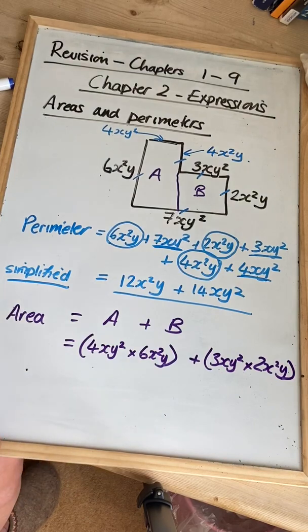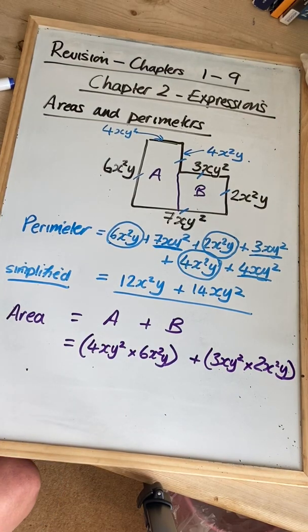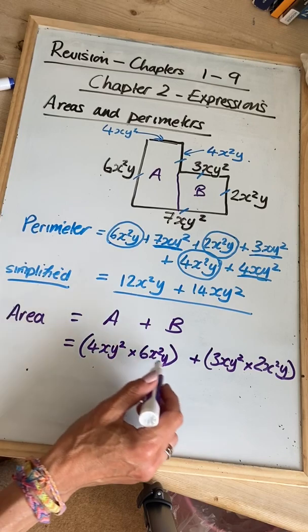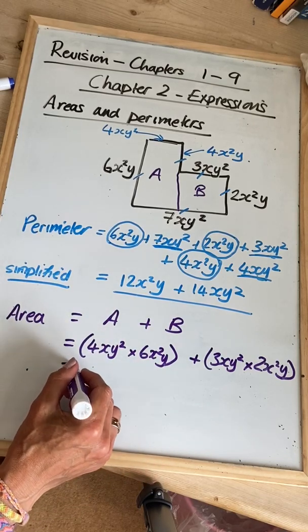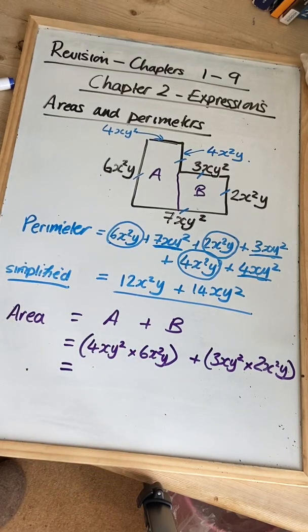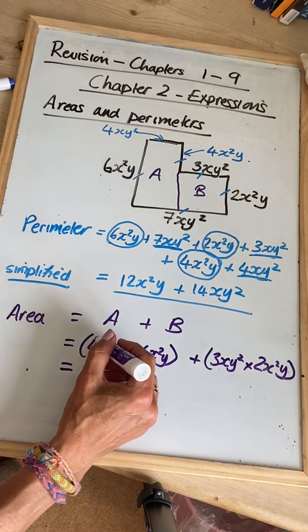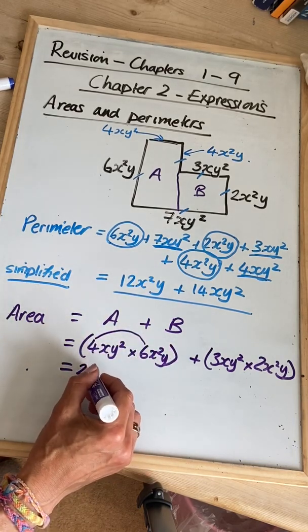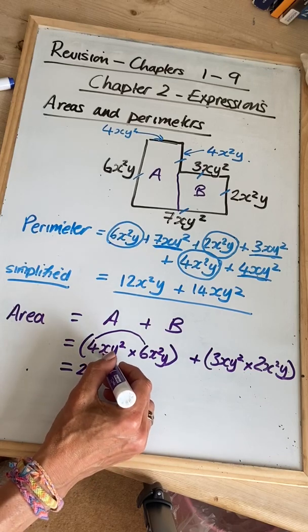Now we're going to use our skills of multiplying out our terms here, and we're multiplying x's by x's, etc. So we're going to have to use our rules of indices as well. So multiplying out, we multiply our numbers together. 6 times 4 is 24. Multiply our x's together.